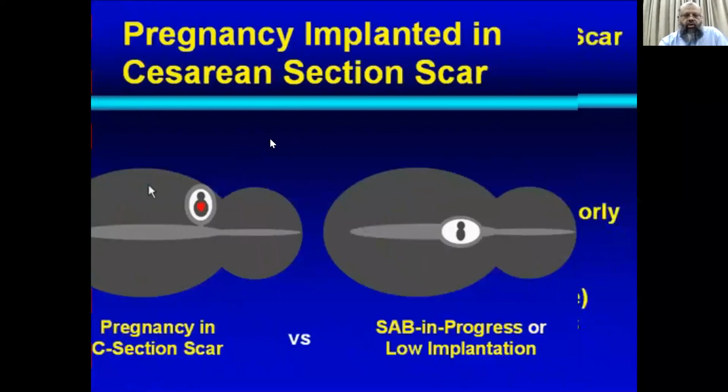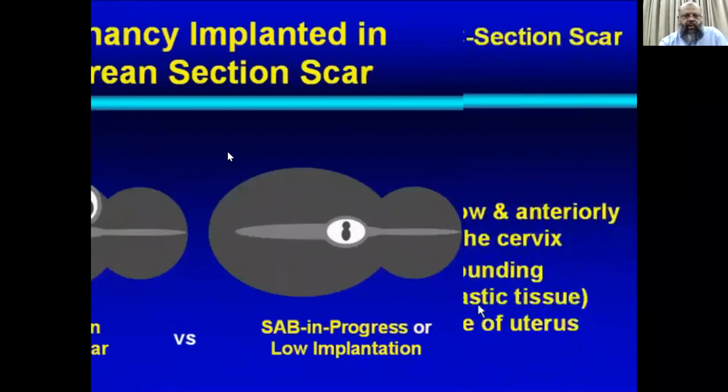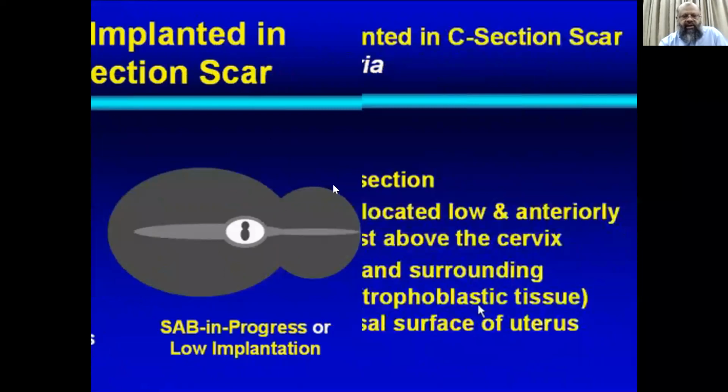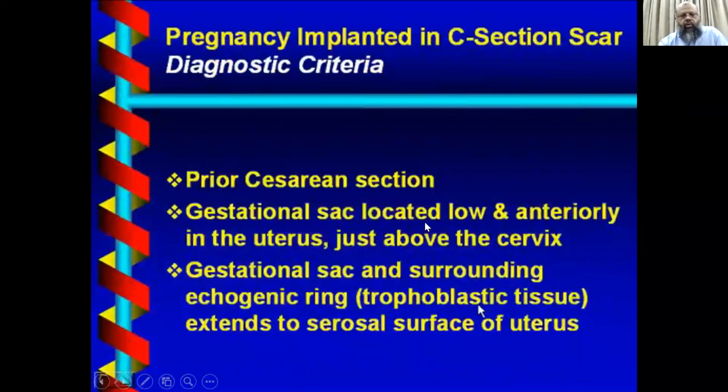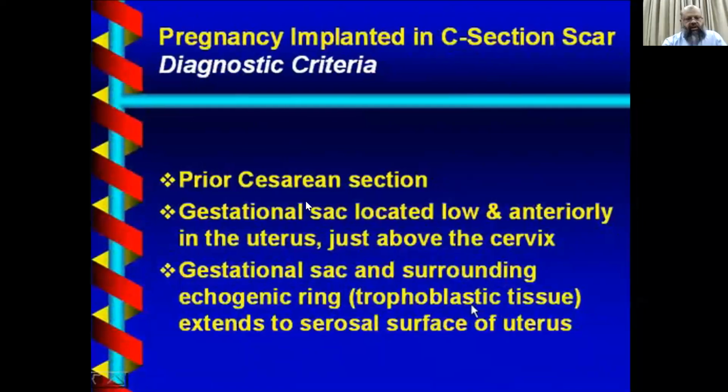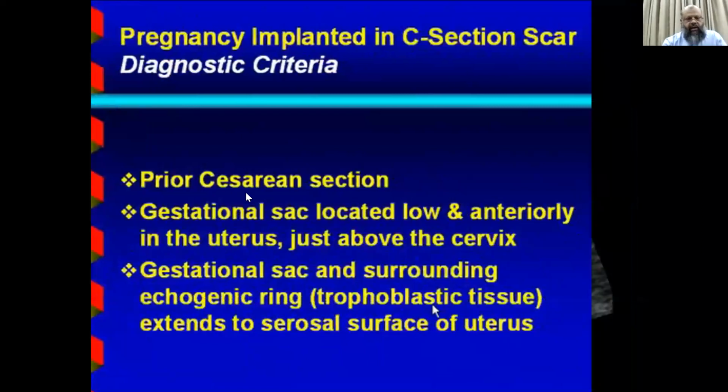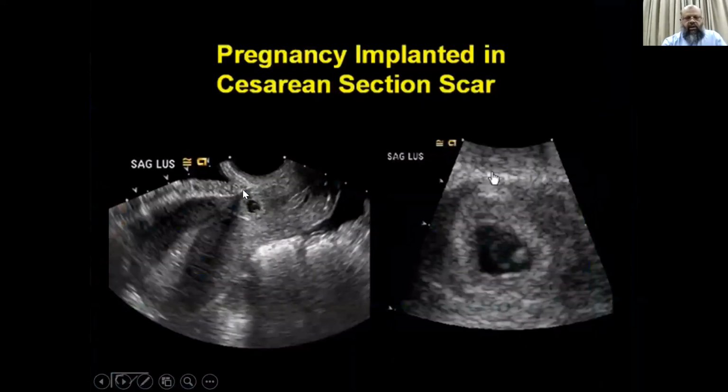The diagnostic criteria for C-section implanted pregnancy will be the prior C-section, gestational sac located low and anteriorly in the uterus just above the cervix, gestational sac with surrounding echogenic ring, trophoblastic tissue extending to the serosal surface of the uterus. This is the cervix, here is the endometrium, and here is the scar, the previous scar, and a magnified view of it. You can see the yolk sac and embryo.